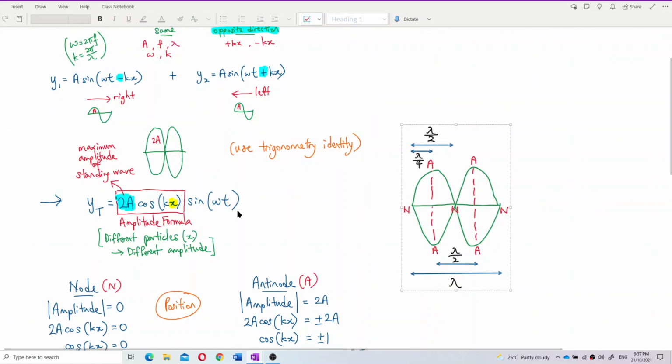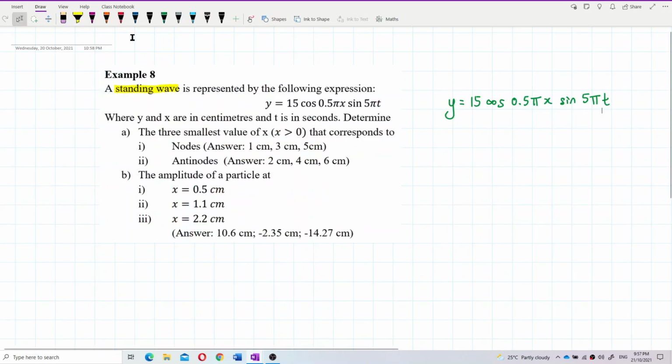And this a is actually the amplitude of the individual progressive wave. 2a is the maximum amplitude for the standing wave, but a alone is the amplitude for the individual wave forming the standing wave.